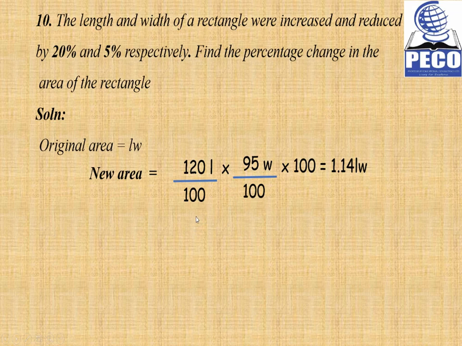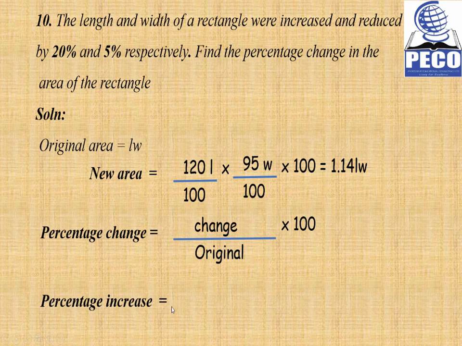Once we multiply this, we shall end up with 1.14 LW. Now for the percentage change, we take change over original times 100.